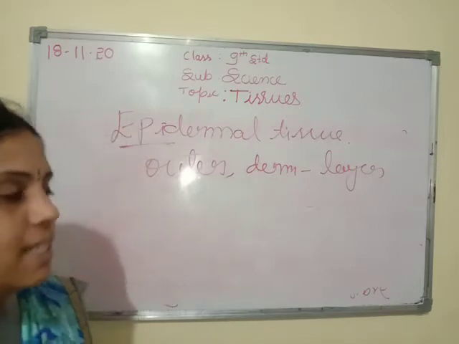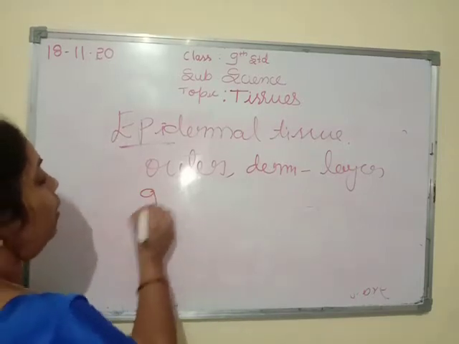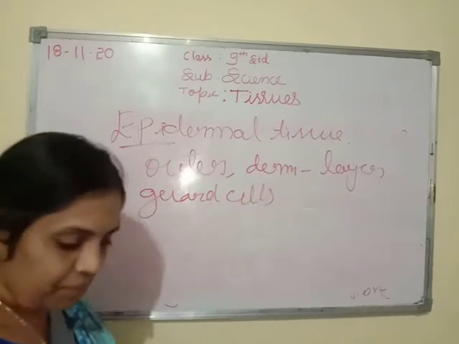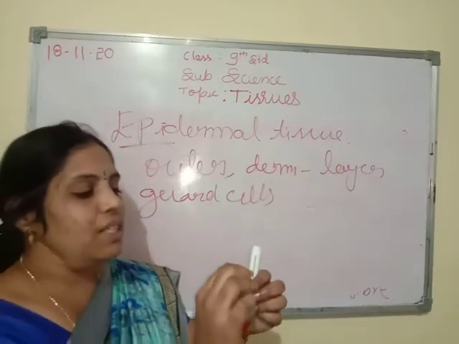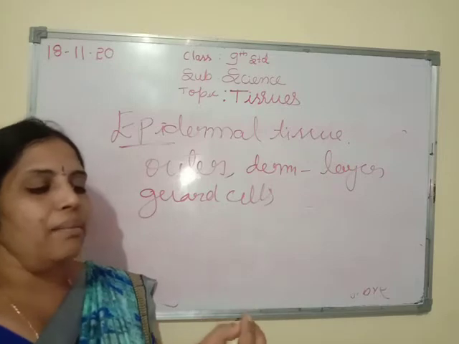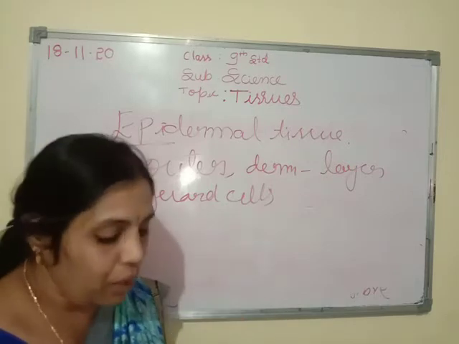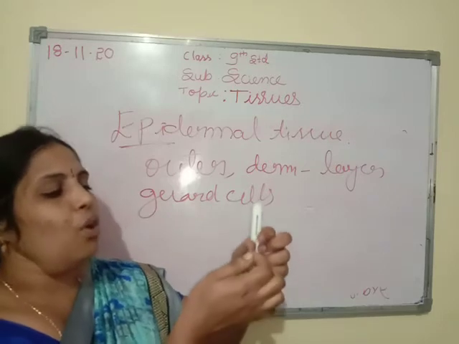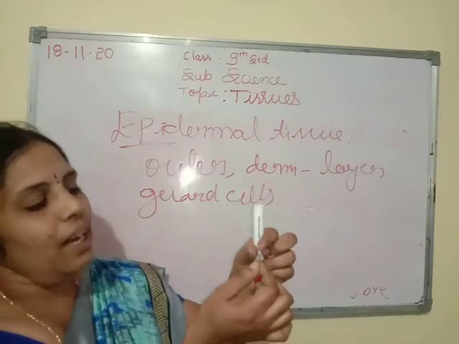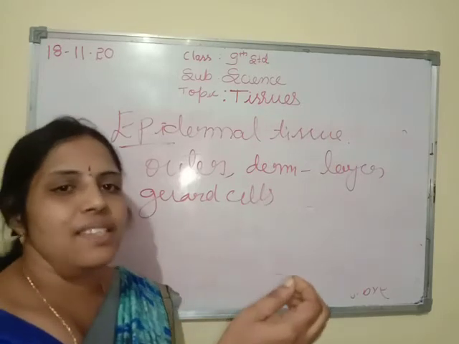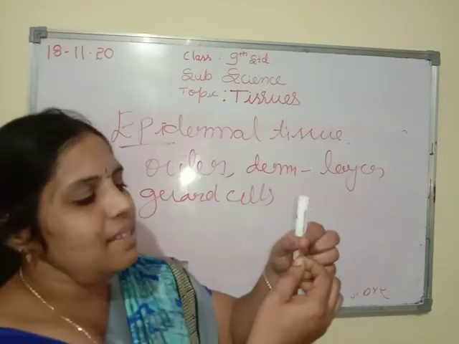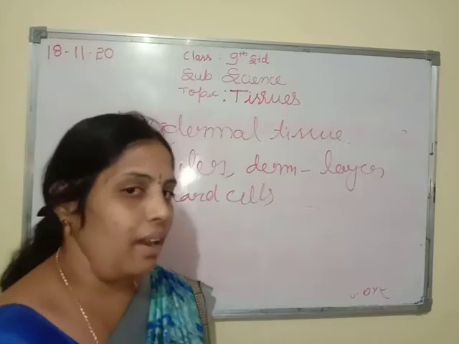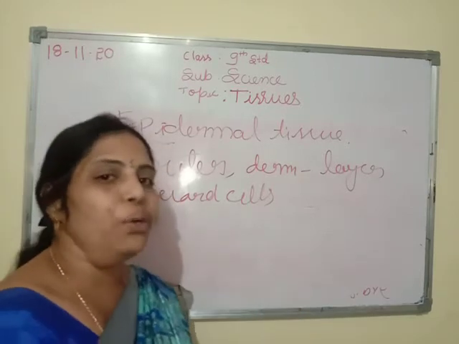These cells are nothing but guard cells. If you see this outer epidermal tissue, we can see the outer layer like this. We cannot identify the cells here, we just see it.